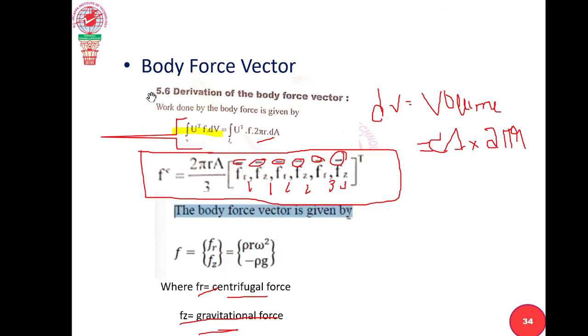How to find Fr? Centrifugal force is density into r into omega square. How to find omega? Omega is 2 pi n by 60.